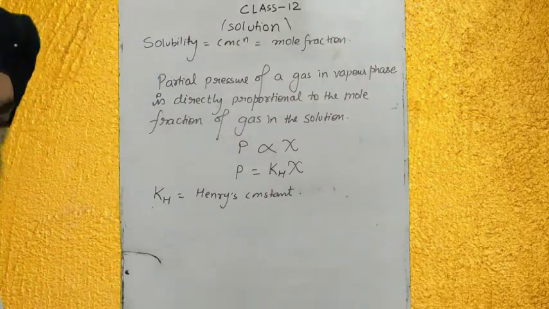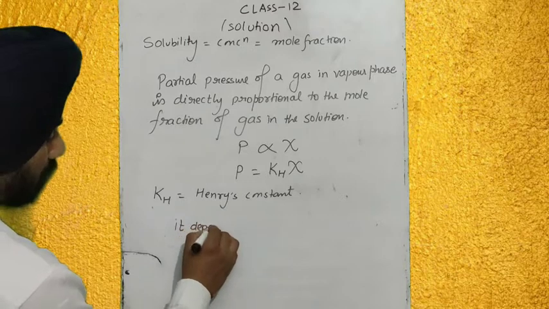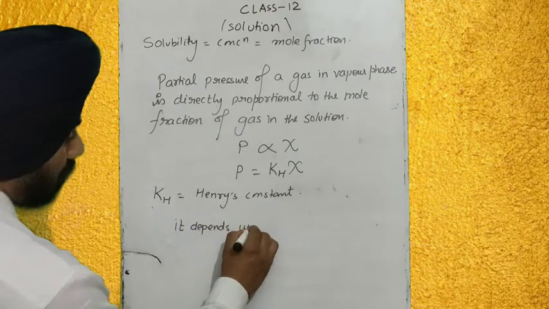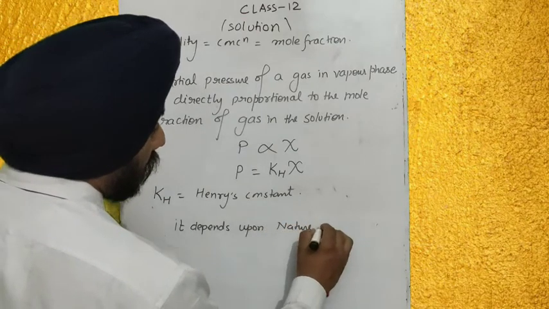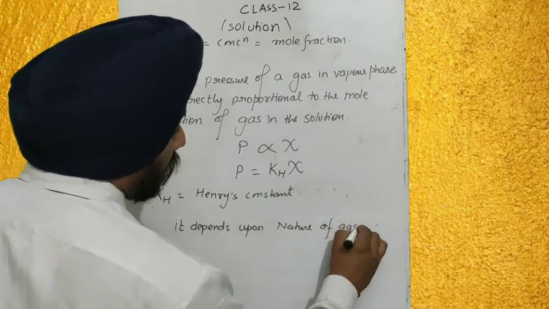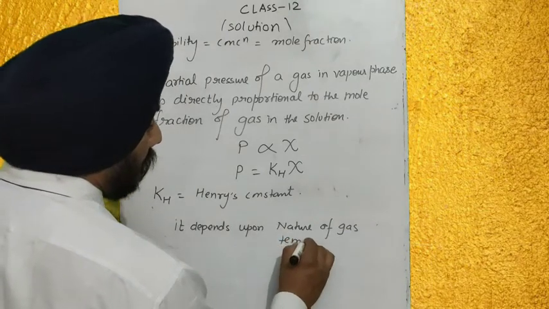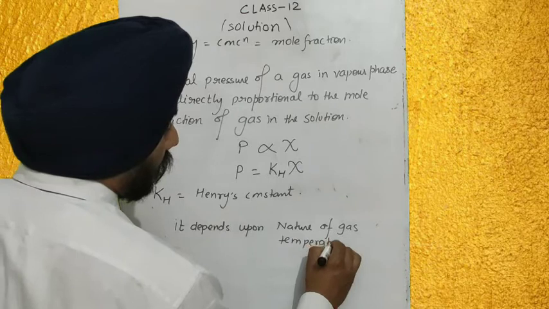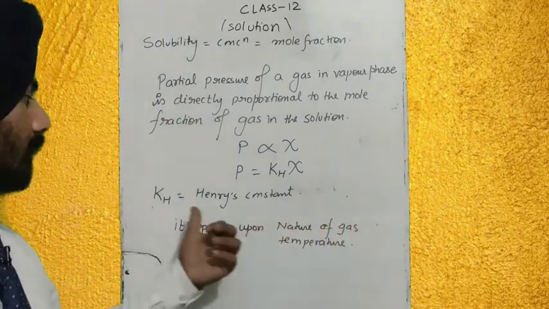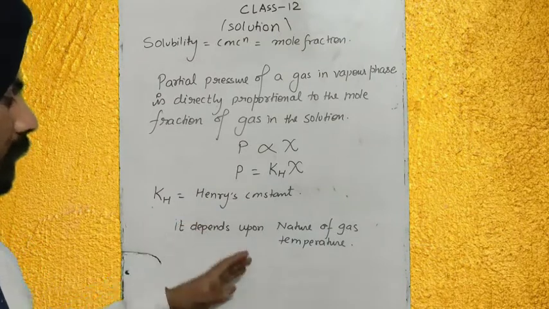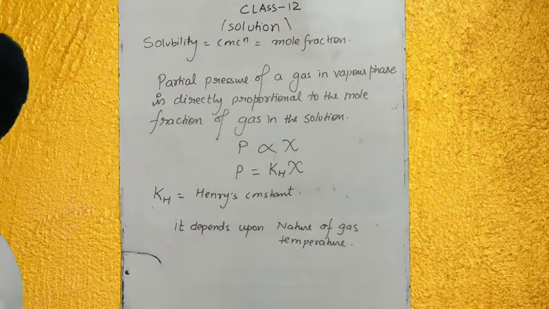It depends upon the nature of the gas and the temperature. For different kinds of gases the value of K_H will be different, and for different temperatures the value of K_H will be different.